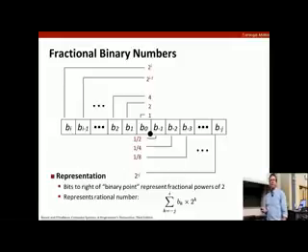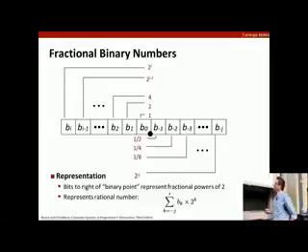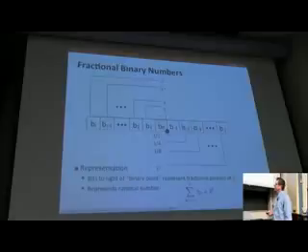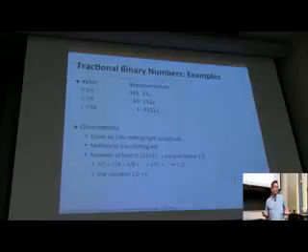And so we can represent any fractional binary number using this notation, where we sum the bit at position k times 2 to the k. So it really works exactly the same way as with base 10, just with base 2.